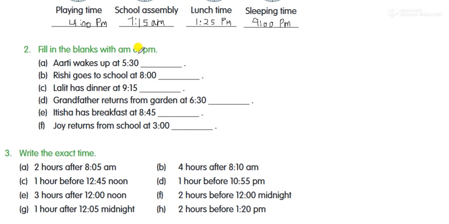Next, fill in the blanks with AM or PM. Aarti wakes up at 5:30 AM. Next, Rishi goes to school at 8 AM. Lalit has dinner at 9:15 PM.